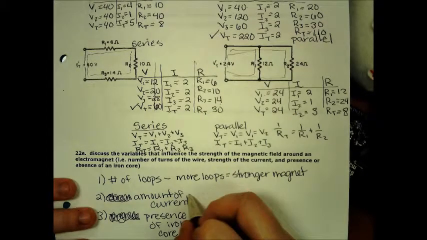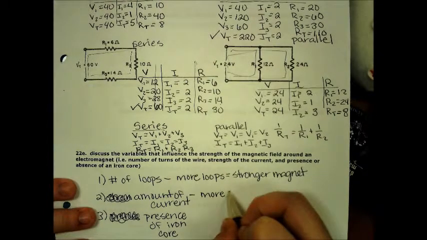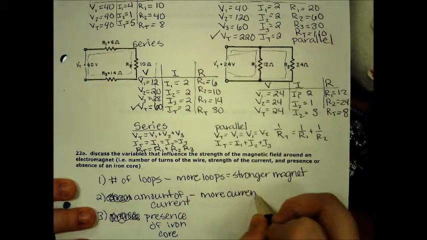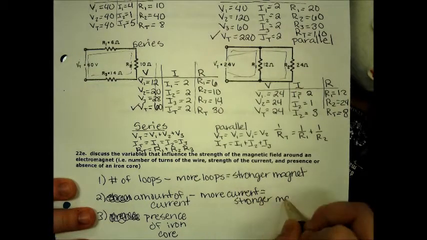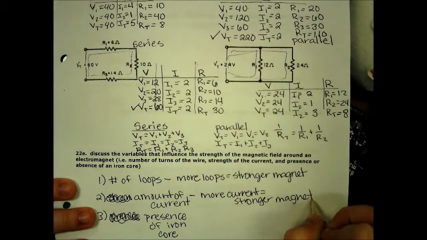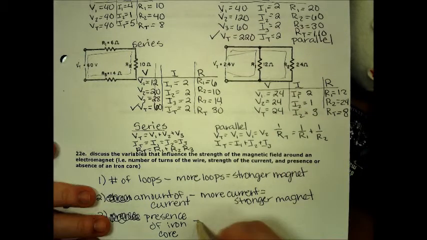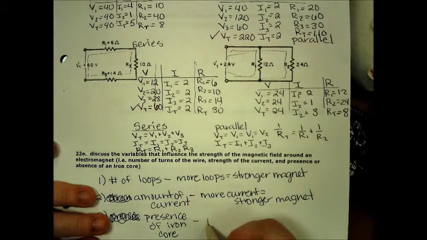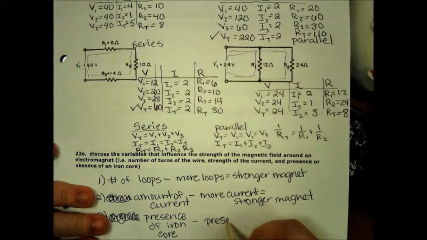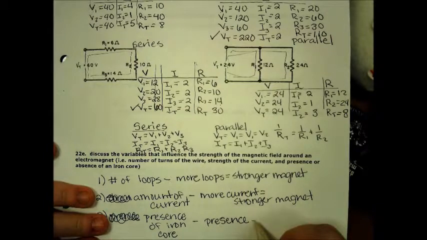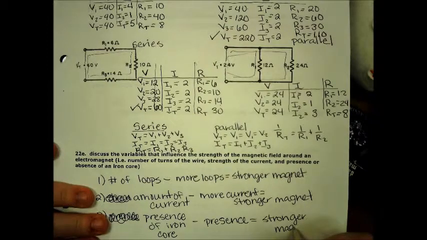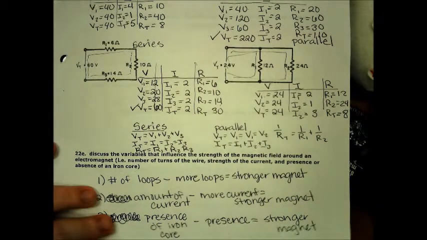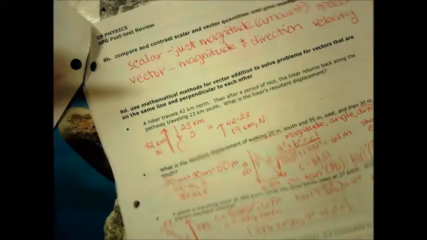Amount of current, more current, equals stronger magnet. And if the iron core is present, stronger magnet. That's pretty simple, right? Totally.